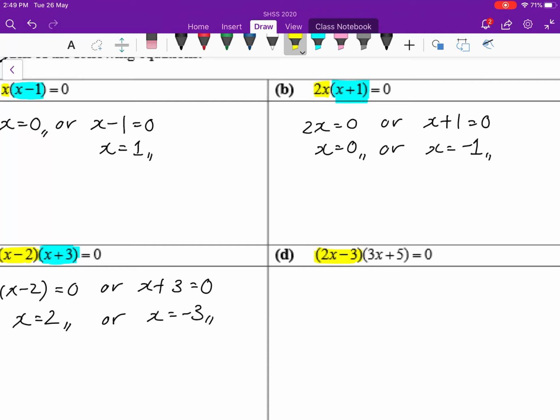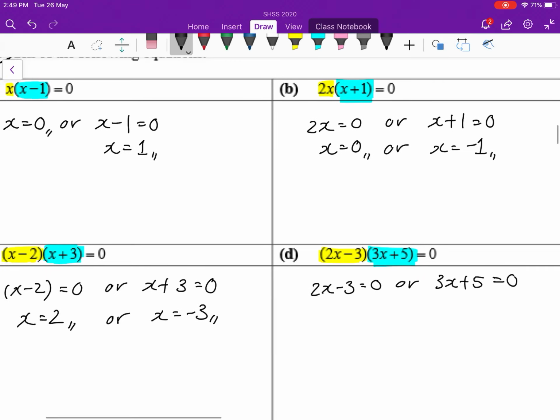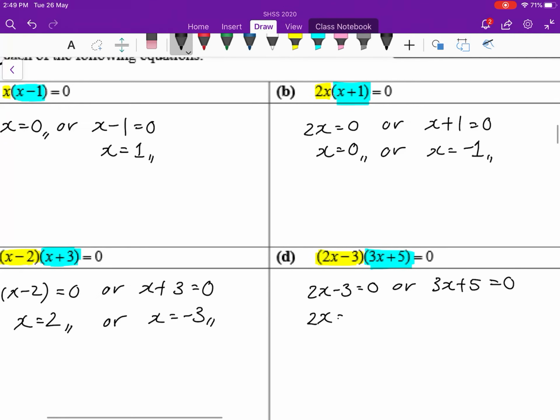This multiplied by this gives you 0. So therefore, either this is 0 or this is 0. So this is 3, or 3x equals to minus 5. Divide by 2, x is 1.5, or x is minus 5 over 3.